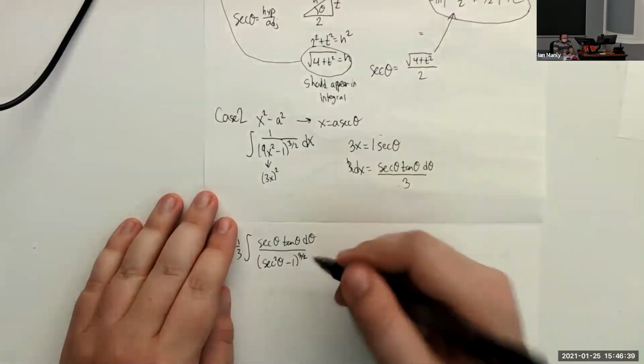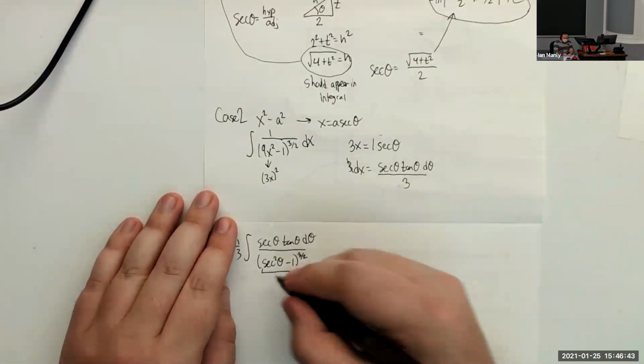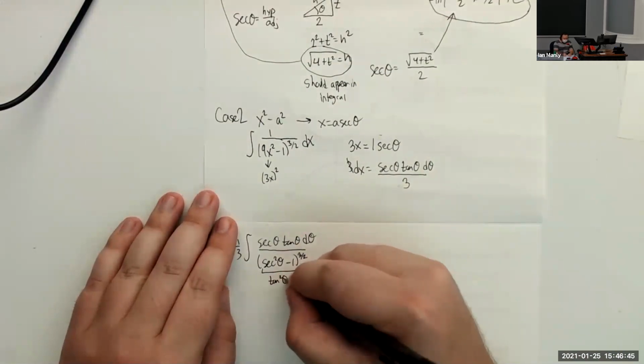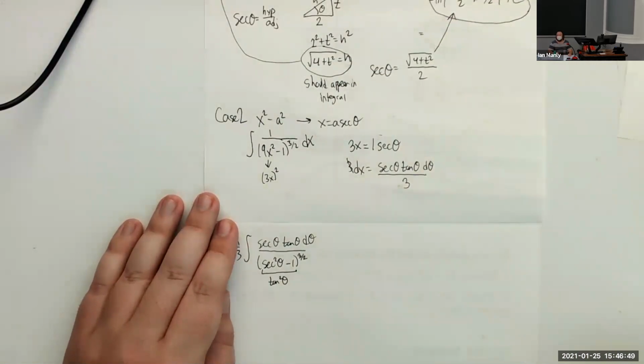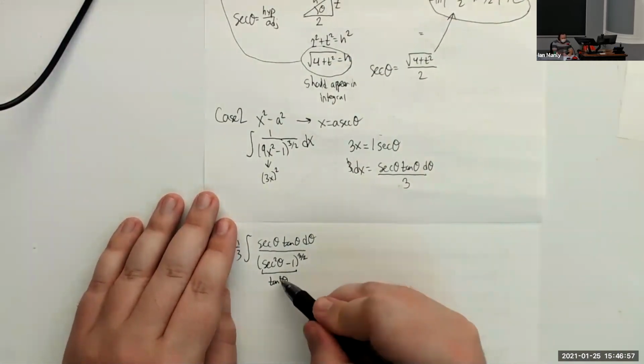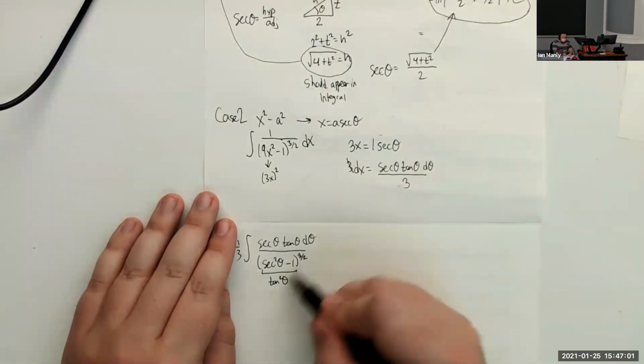All right, so let's go ahead and simplify this here. So secant squared minus 1 is tangent squared. Now, what's tangent squared to the 3/2 going to end up being here? So when we have a power and then we raise it to another power, we multiply the powers together.